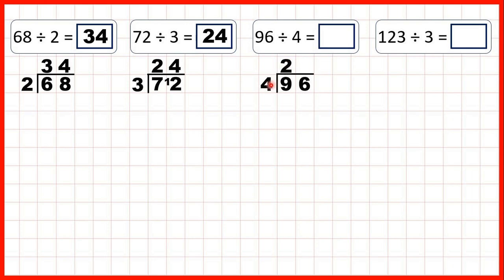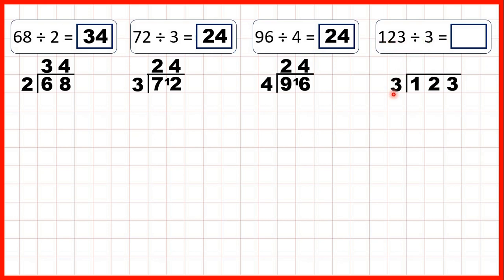But 2 times 4 is 8, and we need one more to get to 9, so we write 1 in front of the next digit. So now we have 16 divided by 4, which is 4 because 4 times 4 is 16, so that gives us 24.